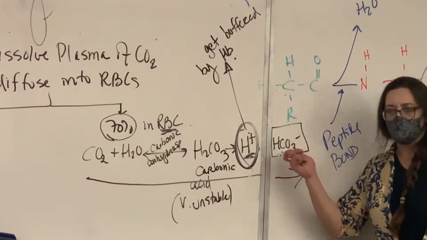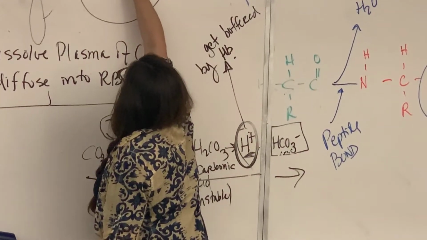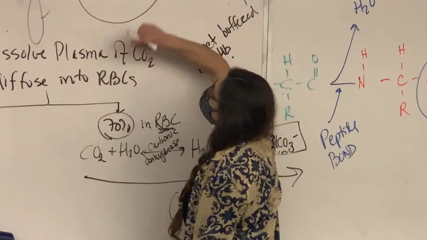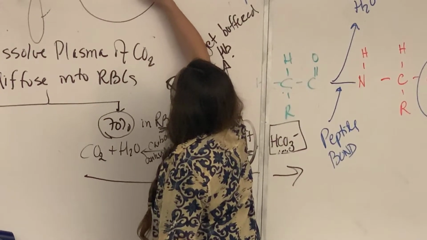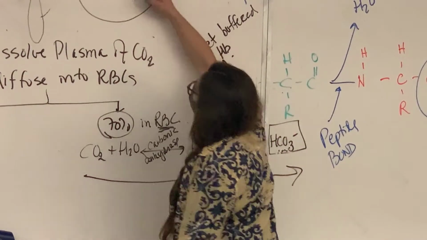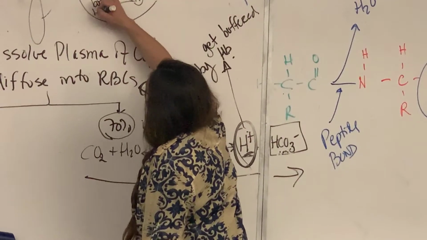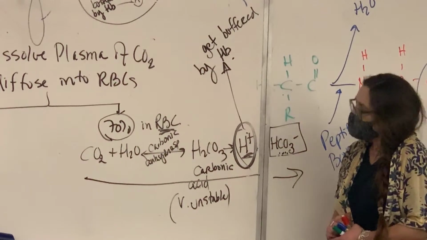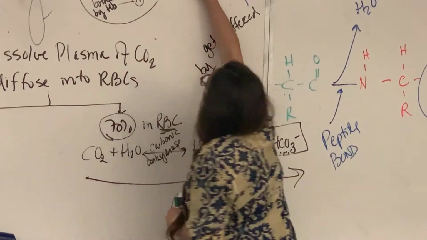What happens to this bicarb is, if you look at a red blood cell, we've got CO2 entering that red blood cell, interacting with water, forming carbonic acid, breaking down into hydrogen and bicarbonate ions. And we said these hydrogens get buffered by hemoglobin that's in that red blood cell. Then that bicarb is transported out of the cell.